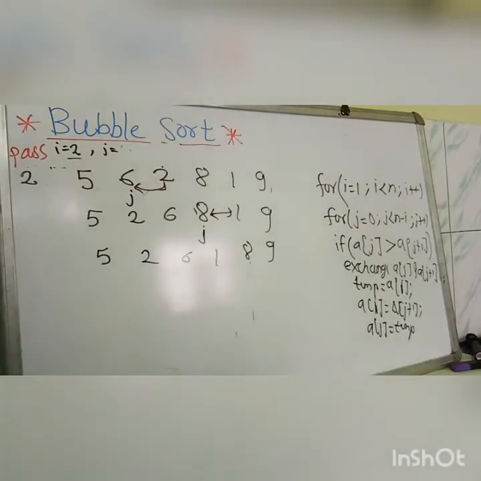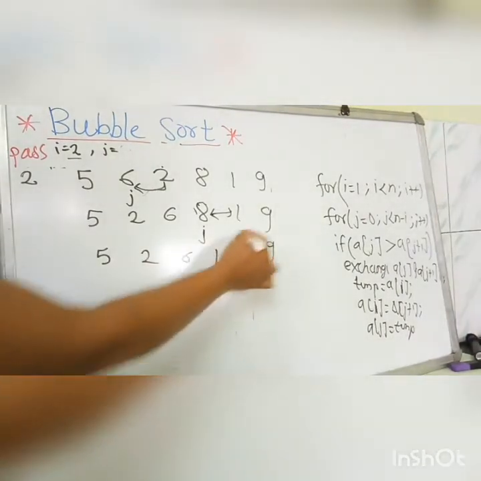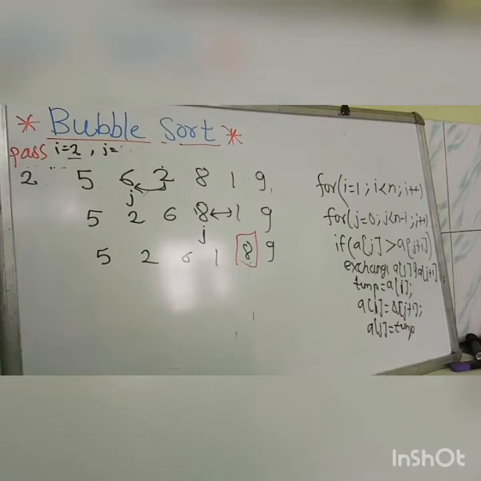As in the second pass, we are seeing that 8 was the biggest element next to 9, so it comes to the second last position in pass second. Now we will go to the third pass. One question will arise in mind: how many passes will it cover?